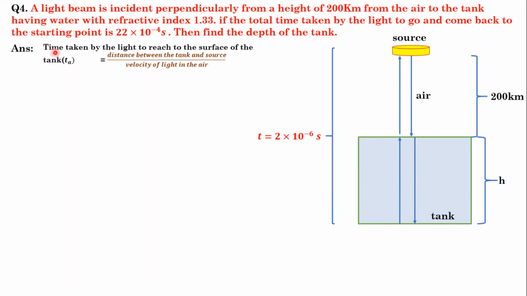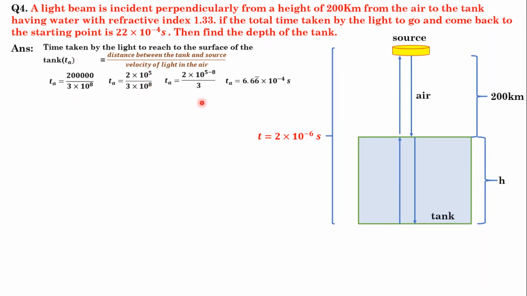We know that the time taken by the light to reach the surface of the tank is the distance between the tank and source, which is 200 km, divided by the velocity of light in air, which is 3 into 10 to the power 8 meter per second. 200 kilometers, so we have to convert it into meters. So the time of light in air will be 2 into 10 to the power 5 divided by 3 into 10 to the power 8.